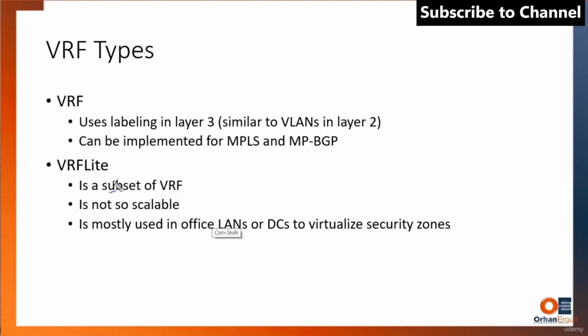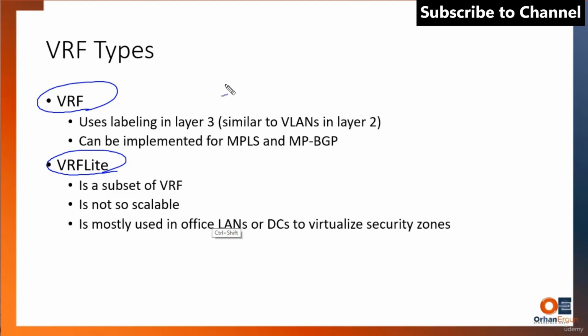we have two types of VRFs. One is the actual VRF that everybody talks about. One is a VRF that nobody talks about so much, as a matter of fact. The actual VRF, which is called VRF, of course, uses labeling in layer 3, exactly like what you have in layer 2.